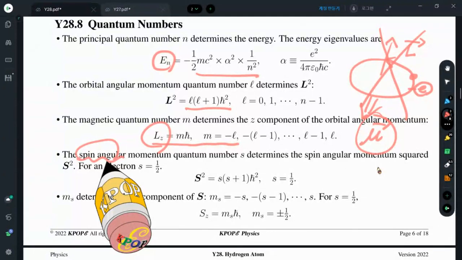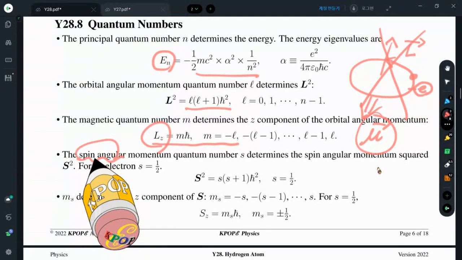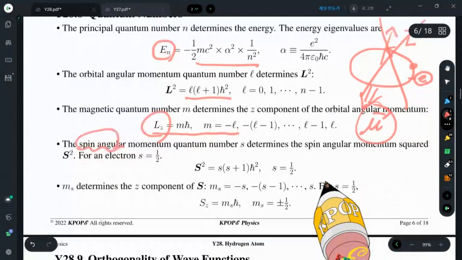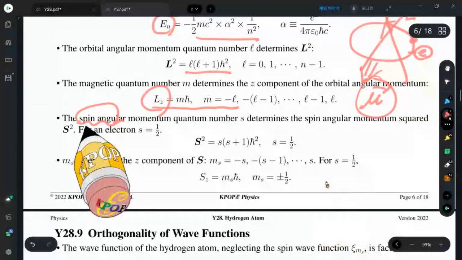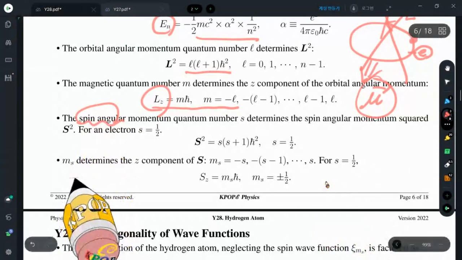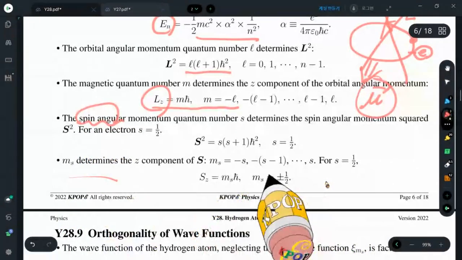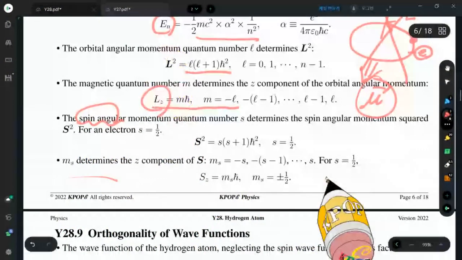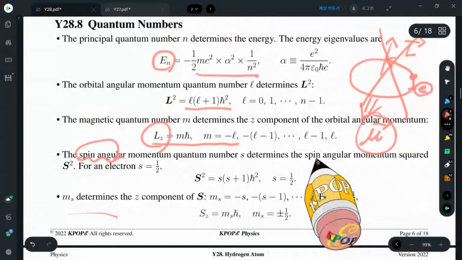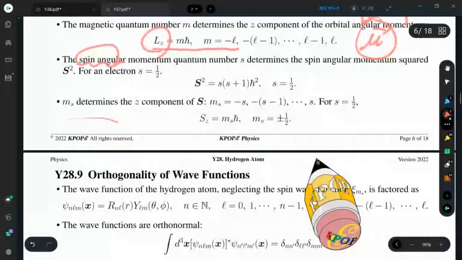This is called spin, and spin does not have any corresponding physical value in Newtonian mechanics. Quantum mechanics created a new physical measurable, which is spin. And because it is a magnet, it has a z component, and these are all the available quantum numbers of a hydrogen atom.